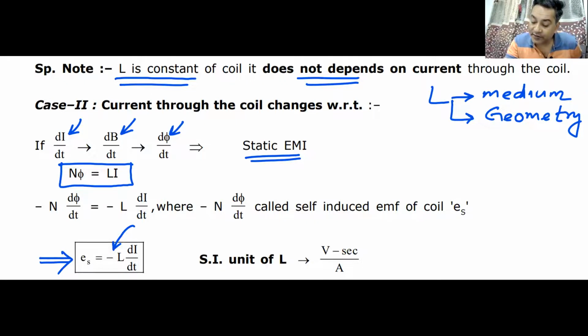From here, you can find out one more SI unit of L, that is equal to volt divided by ampere per second. Do we understand this? Yes, sir. I'll give you time to note this down. Two ways of writing the formula for self-inductance.